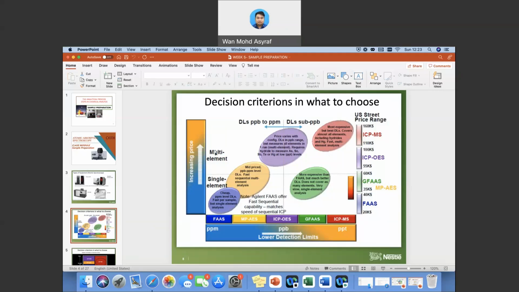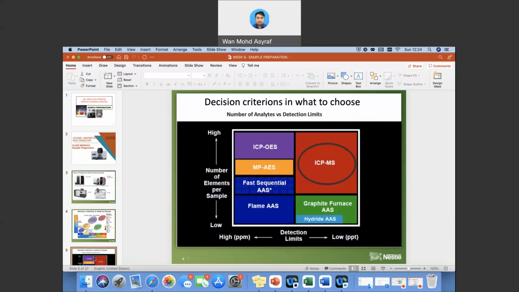So back to this decision criteria, you need to choose which instruments you are going to use. It is the same criteria in terms of the number of analytes and the detection limits.